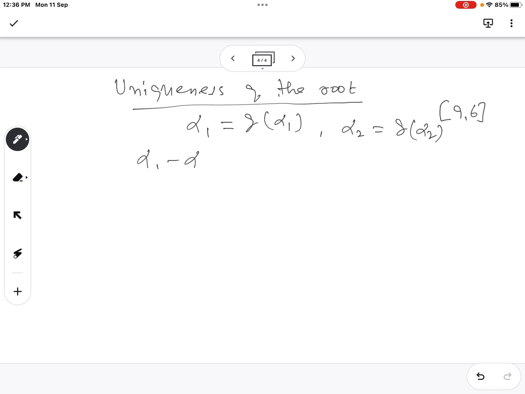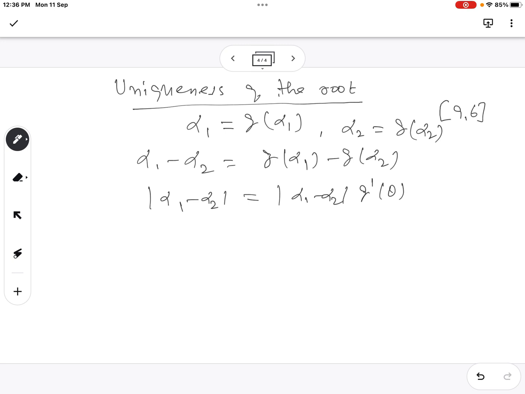So alpha 1 minus alpha 2 is equal to g at alpha 1 minus g at alpha 2, which can be written as alpha 1 minus alpha 2 times g prime theta, where theta is in between alpha 1 and alpha 2.